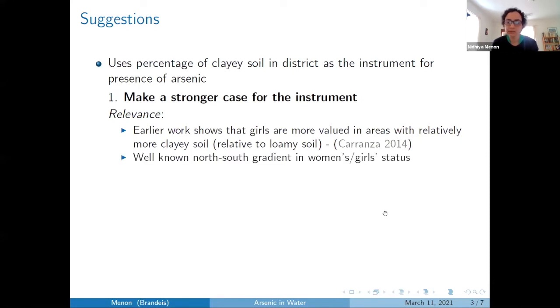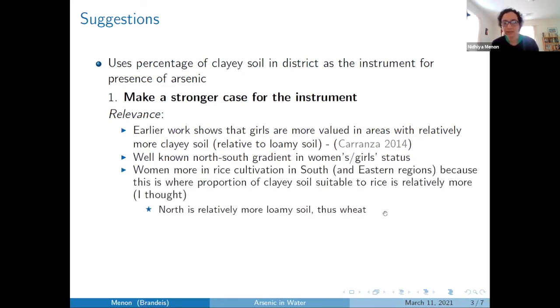The other thing that you need to acknowledge is this well-known north-south gradient, right, when it comes to women's and girls' status in the Indian context. And so my understanding is that women are, for example, more in rice cultivation in the south and the eastern regions, particularly because the proportion of clayey soil there is more suitable to rice, right? All of this is relative.